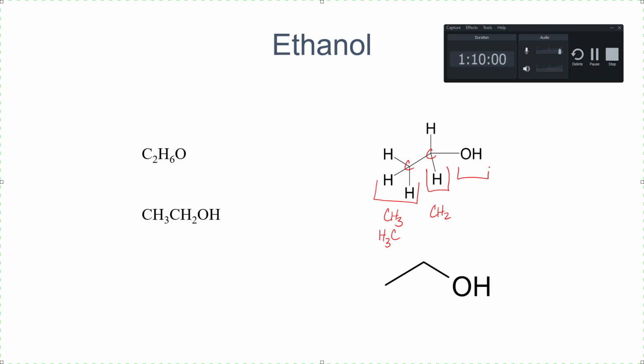And then usually I will write all non-carbon atoms individually. And so this becomes a CH3 attached to a CH2 attached to an OH. So you can write this structure out. In the old days when we had to type everything out, that was what is called a condensed structure.